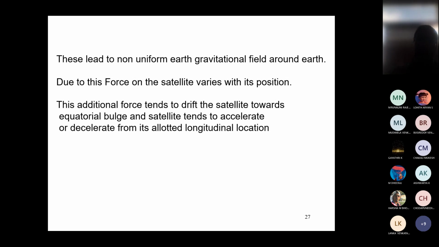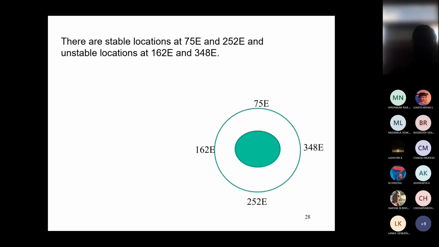So the velocity of the satellite will not be constant. Even in a circular orbit, where we assumed the velocity is uniform, in practice the velocity is not uniform.